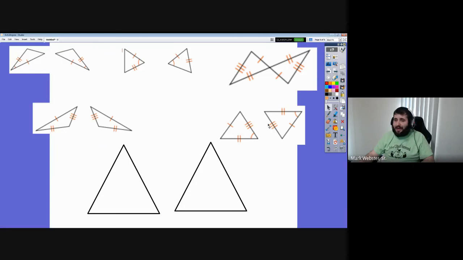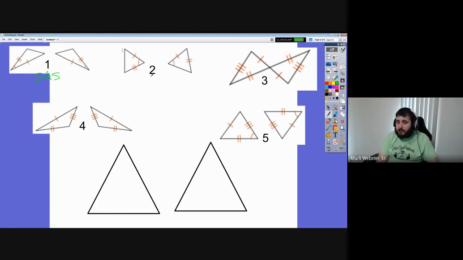Some of them you can't solve because you don't have the right or enough information. Okay, so I'm going to give you the answers here. If you want me to explain why, we can do that. I'll give you some time to ask and answer questions, but for this one, the only way that you can do it is with side angle side.